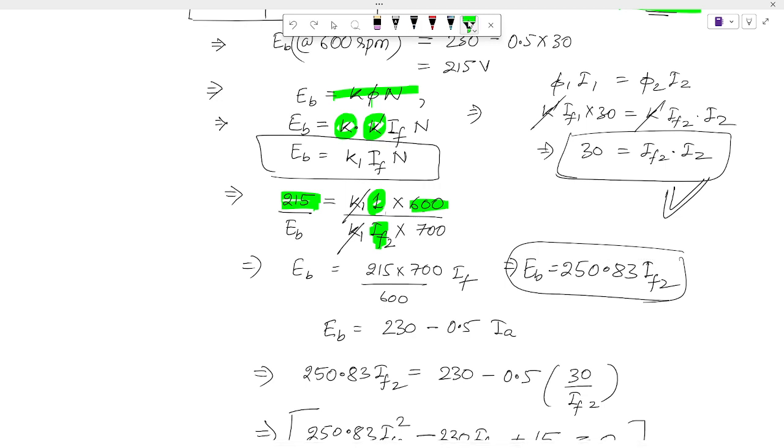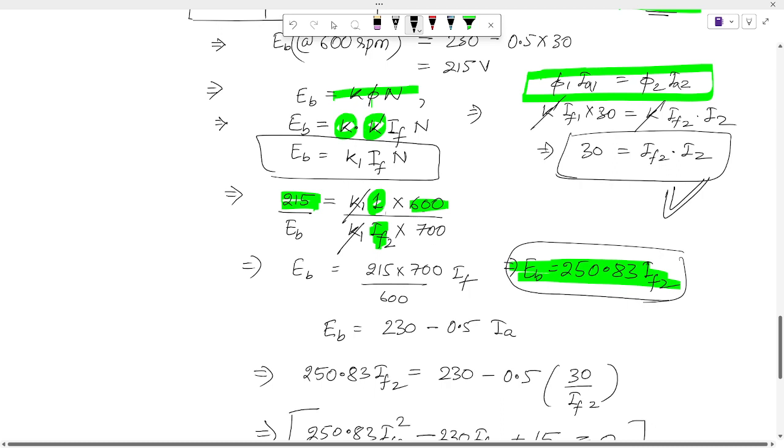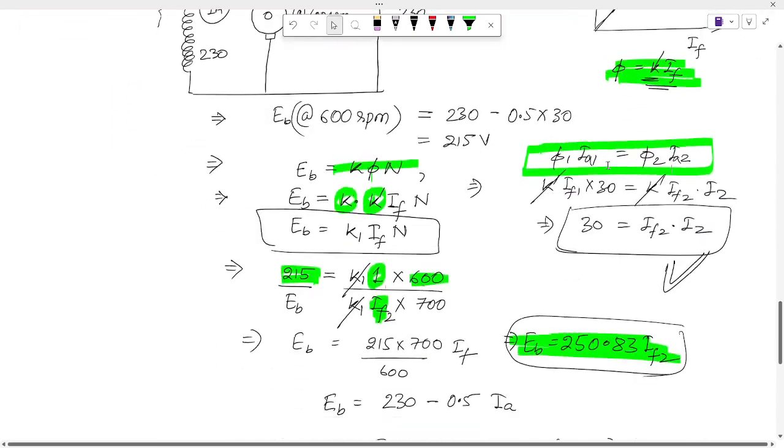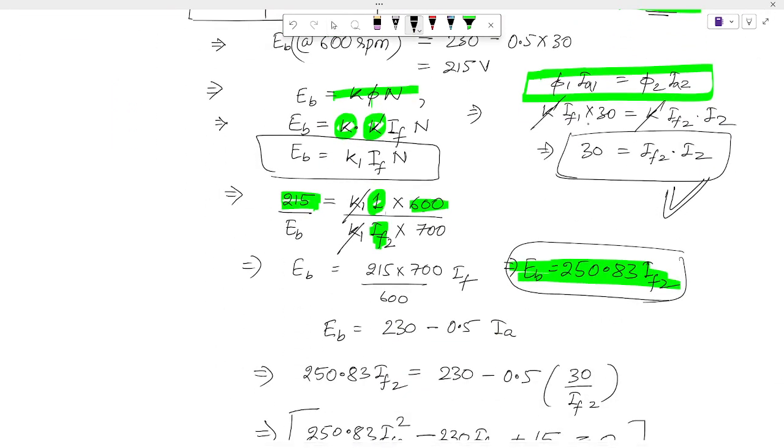Now another point they have given is that torque is constant. That means phi1 Ia1 is equal to phi2 Ia2. Phi can be replaced by k dash IF. Initial current Ia was 30 ampere.